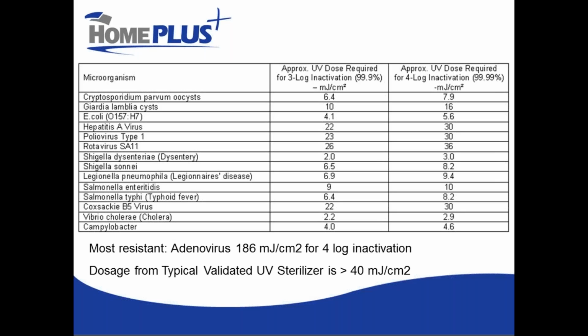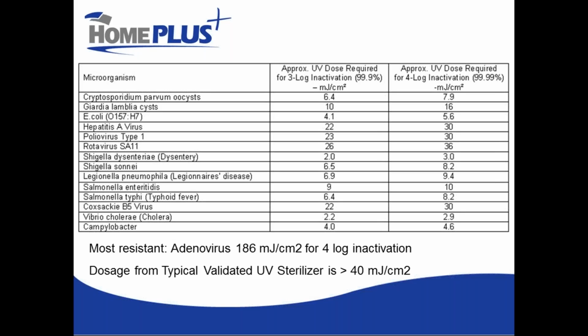And you'll see the vast majority of the common organisms that we target are inactivated at a dose of less than 40 millijoules, which just so happens to be the dosage that most regulated or validated UV sterilizers are designed to produce as a bare minimum.